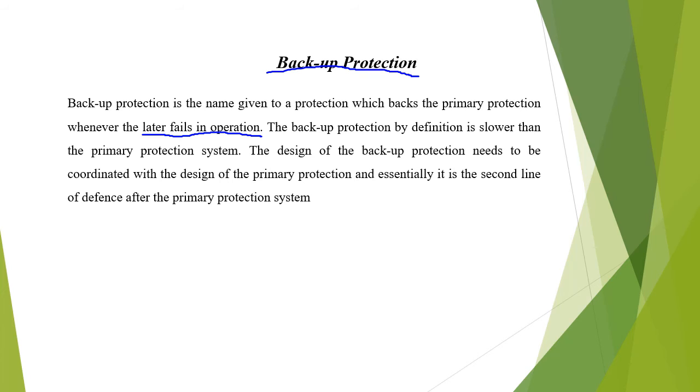Now, the backup protection by definition is slower than the primary protection system. The design of the backup protection needs to be coordinated with the design of the primary protection, and essentially it is the second line of defense after the primary protection system fails.